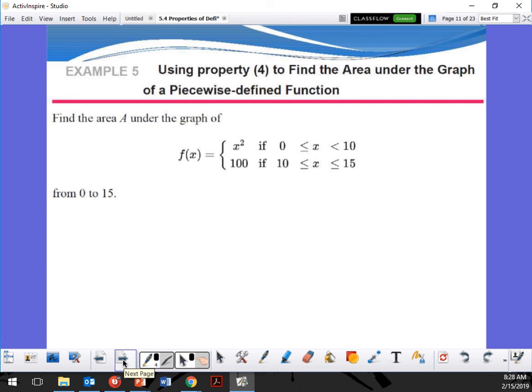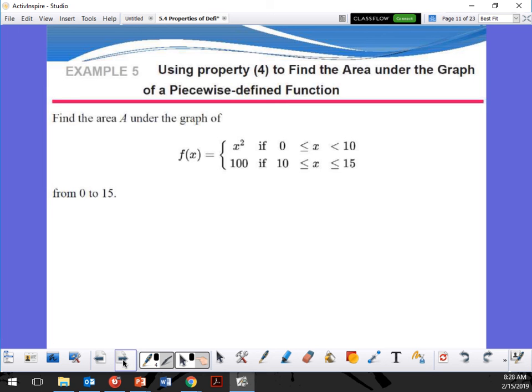All right, find the area under the graph of this function from 0 to 15. Okay, 0 to 15. This is a piecewise function, right?